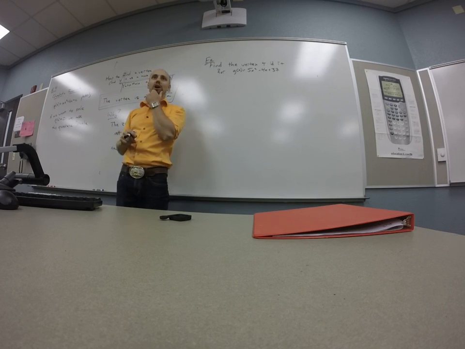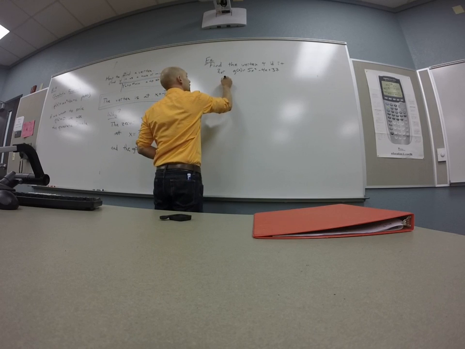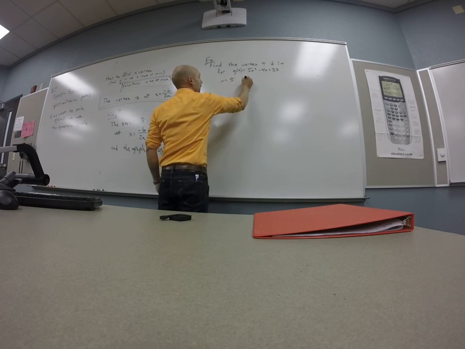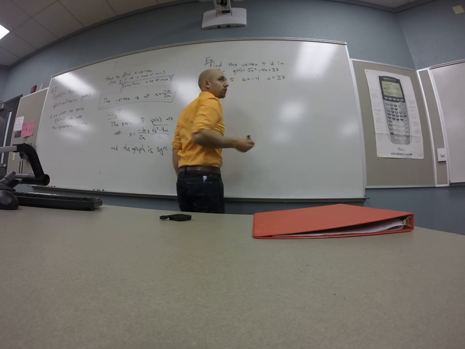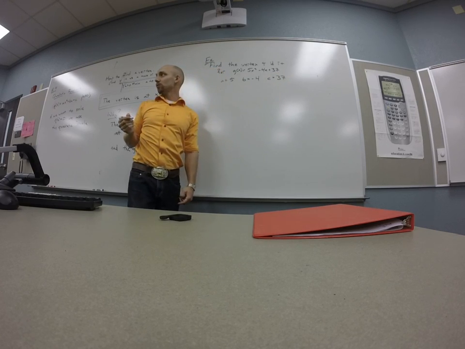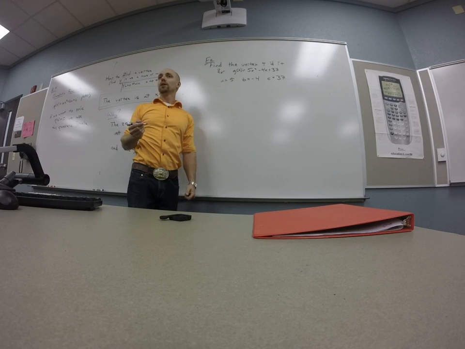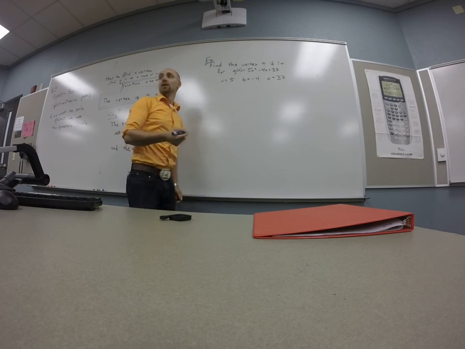How about this? What are A, B, and C? 5, 5. Okay, A is 5, B is -4, C is 37. You guys should hopefully be good at this from your practice with the quadratic formula, right? Here I'm not doing the quadratic formula though. This is easier.